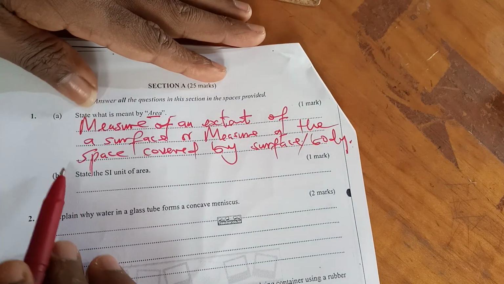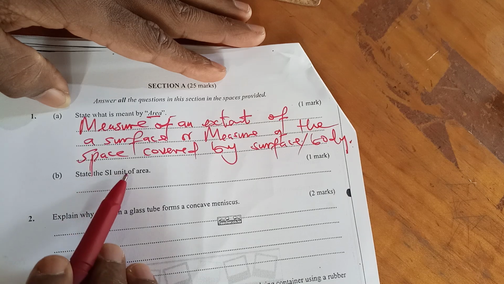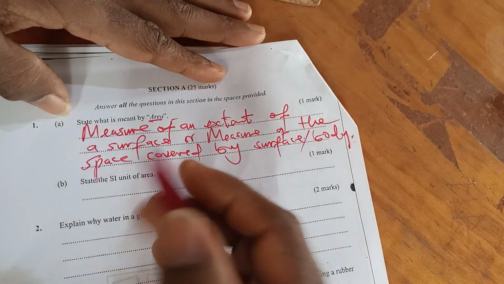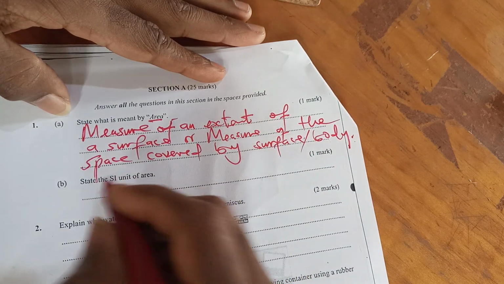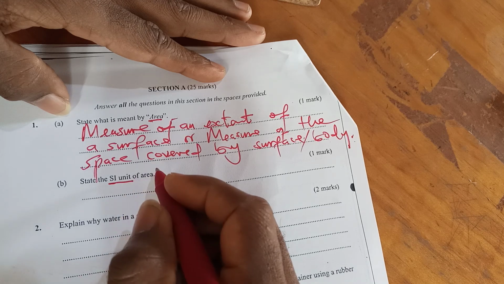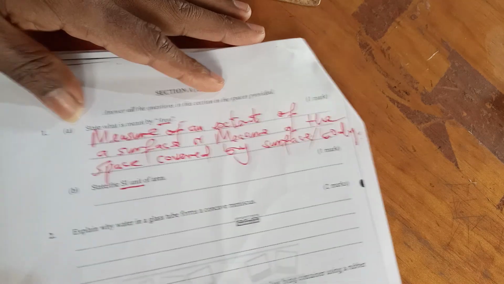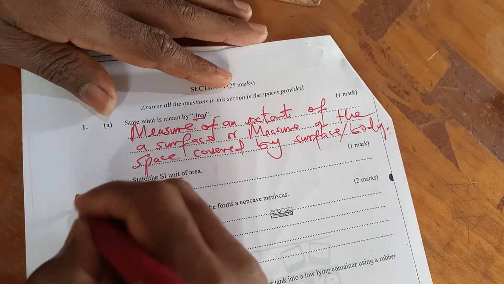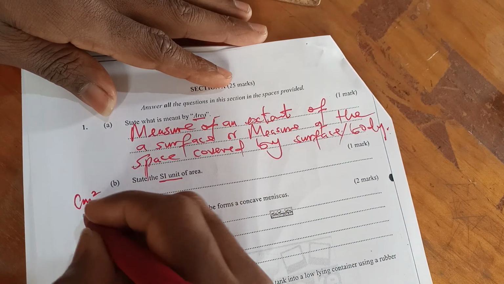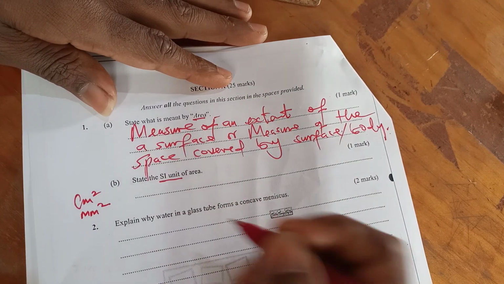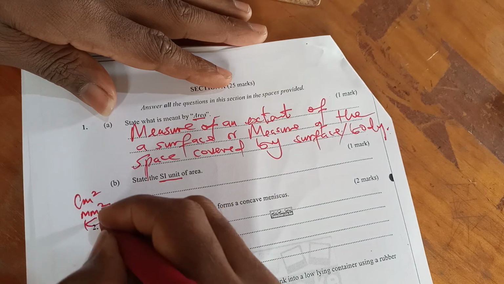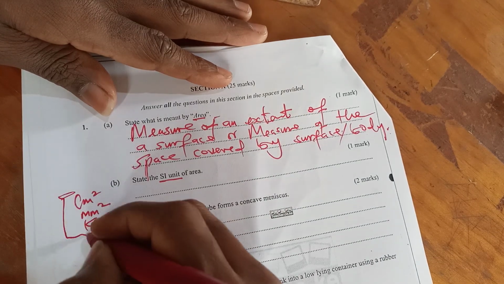Number B, question 1, number B, state the SI units of area. So here you are asked about the SI unit, not just any units, because we have many units of measuring area. For example, we can measure area in centimeters squared, square millimeters, as well as square kilometers, but these are just subunits.